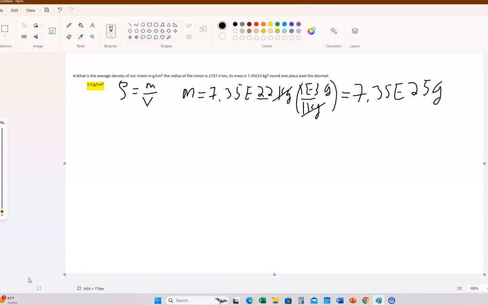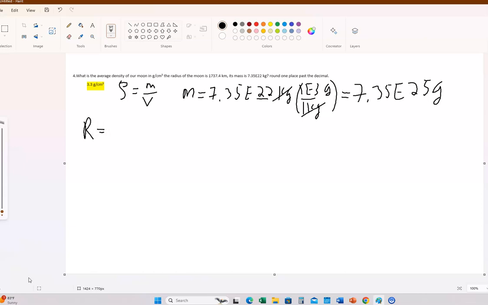For the next one, we have to first of all convert the radius from kilometers to centimeters. So here's r.